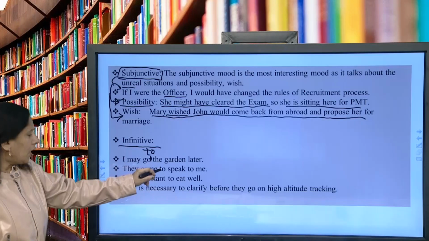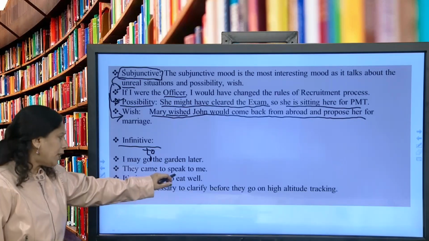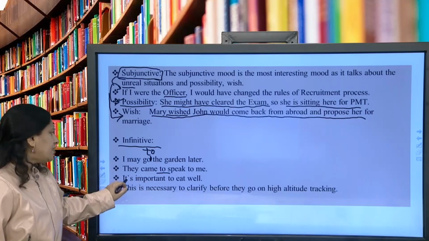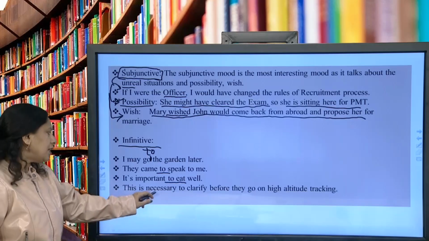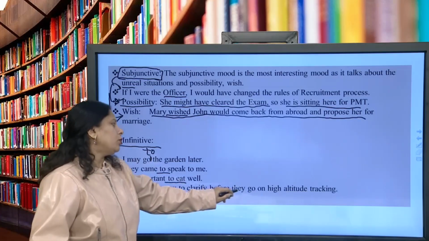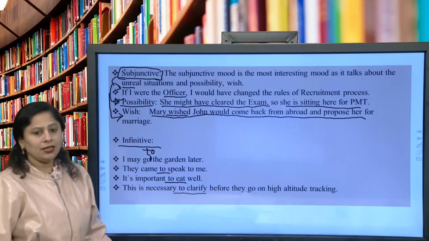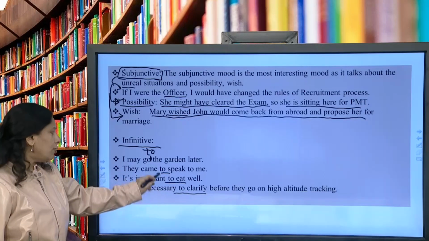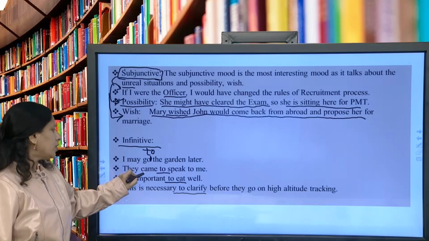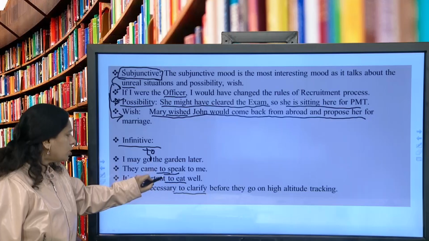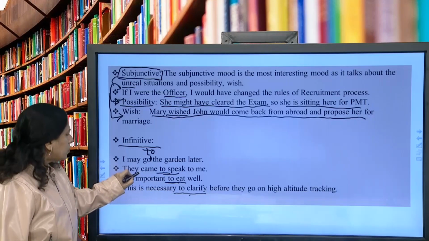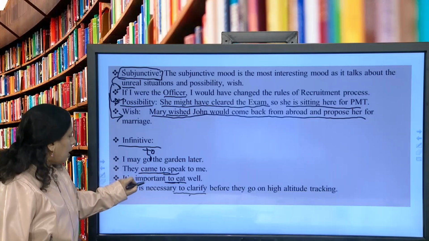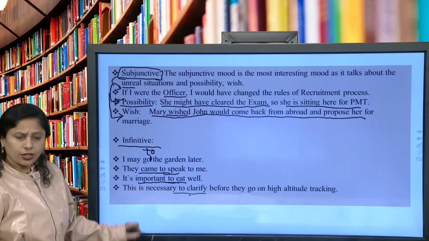I may go to the garden later, they came to speak to me. Again, to. It's important to eat well, or it is necessary to clarify before they go on high altitude trekking. So everywhere there is to infinitive, which comes before the main verb, or it comes after the action also.